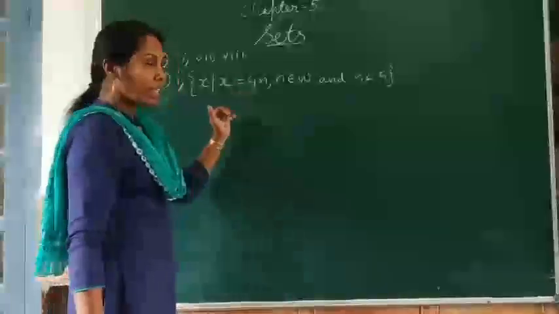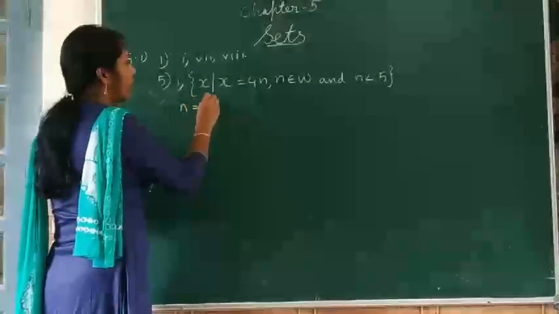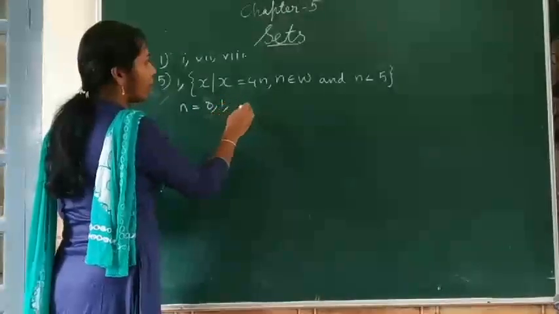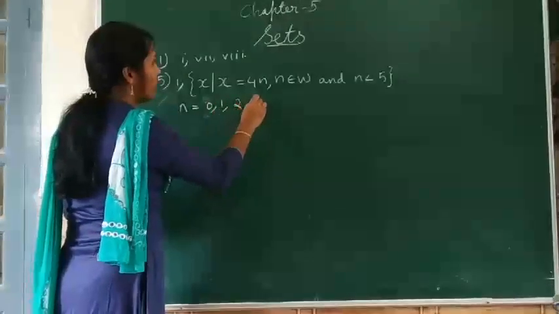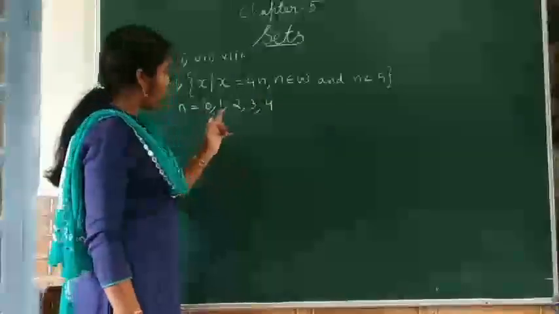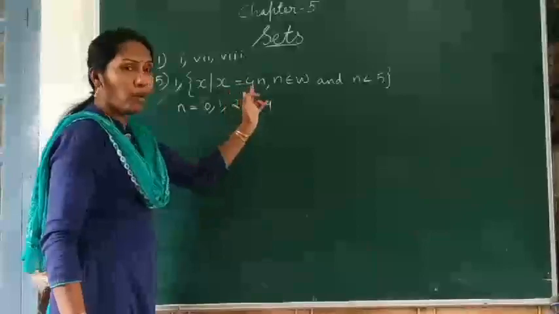First of all, we can see the roster form. Here, the values of n are n is equal to 0, 1, 2, 3 and 4. They are all whole numbers less than 5. Therefore, these are the values of n. Now, for each value of n, we have to find out the value of x.